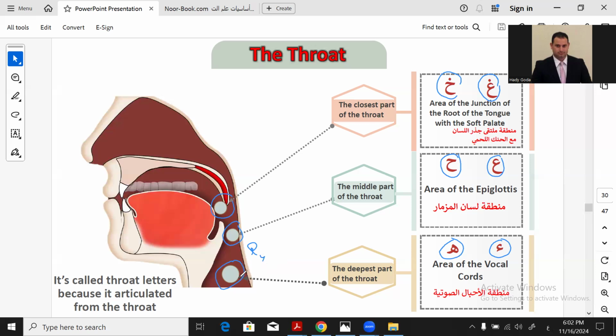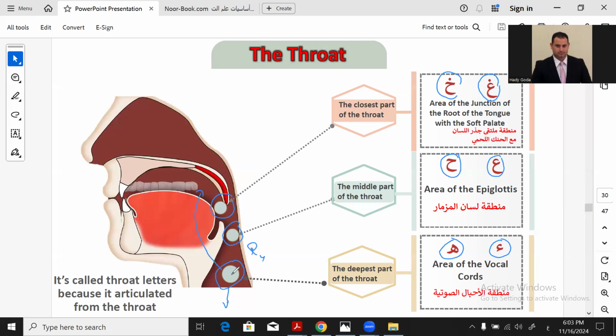The deepest part of the throat means the farthest part from the mouth, and the closest part to the chest.